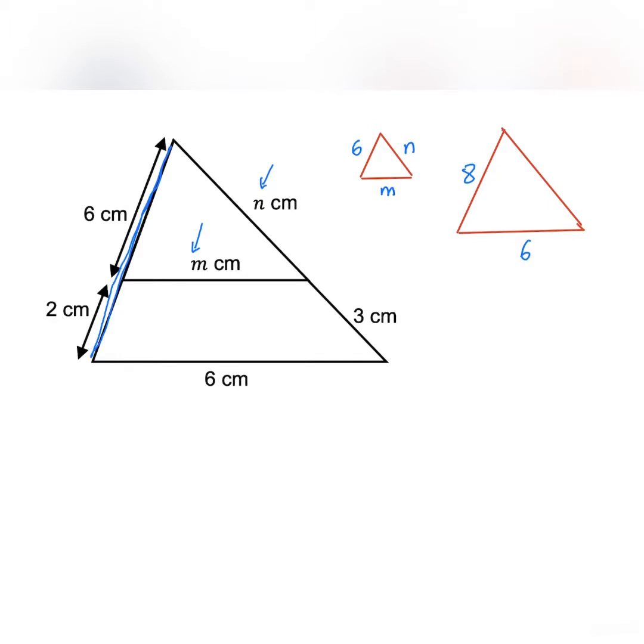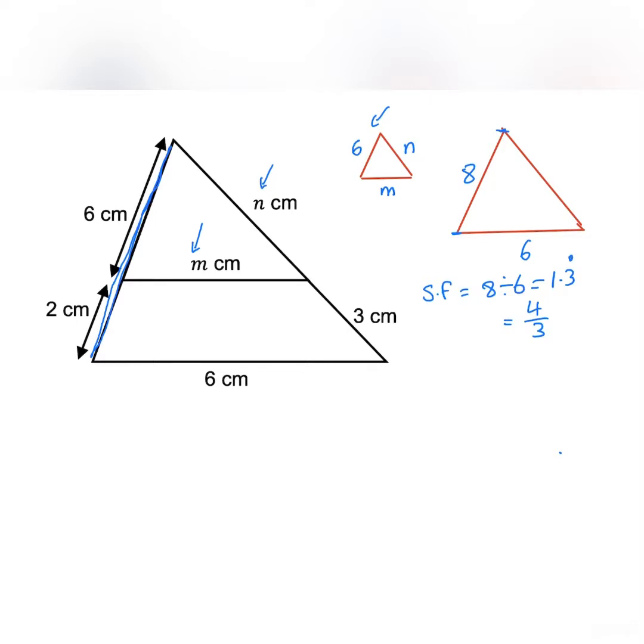But we have got the length on this side, which is 8, and the smaller shape length we got 6, so we should be able to find the scale factor, which is 8 divided by 6, which is 1.3 recurring, but it would be best to leave it as 4/3, so we can get the most accurate answer for this question.